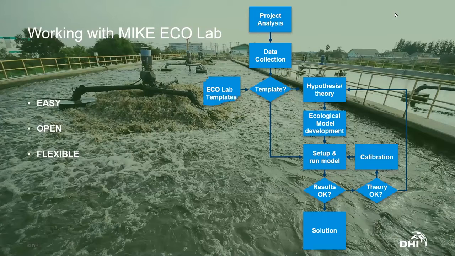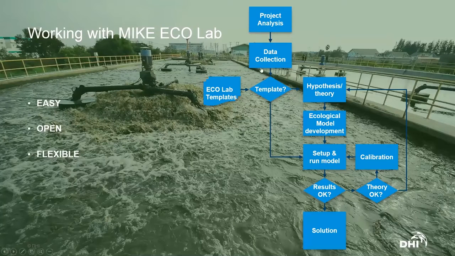As I mentioned earlier, a model is a simplified, limited, and pragmatic reproduction. It only covers the relevant and necessary information, and it's designed to address specific questions. So the way you work with an ecosystem model is that first you start by analyzing the project that you're going to assess and the data collected.